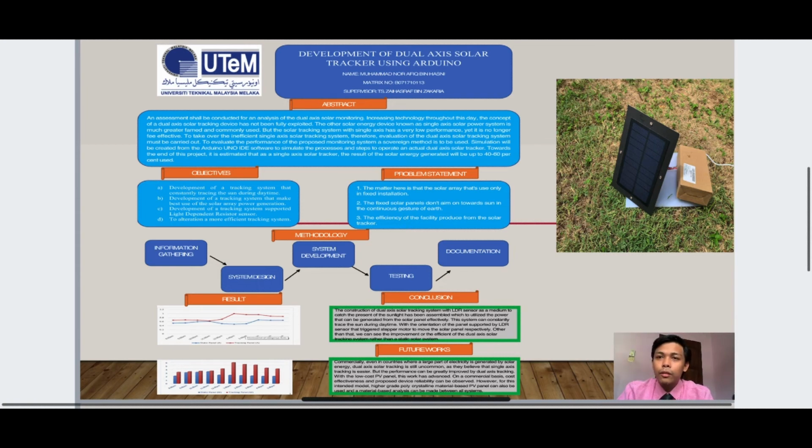We have summer, autumn, and many more. Mostly in Malaysia, towards the end of the year we have a monsoon, right? So with heavy rain, maybe the heavy rain can affect the performance of the solar panel. So that can be a future study of this project.